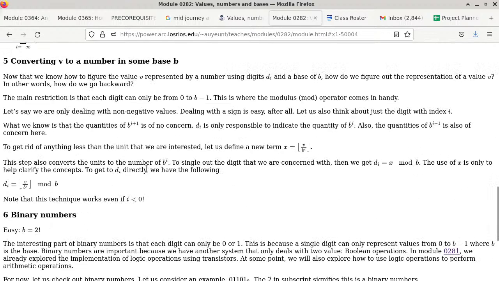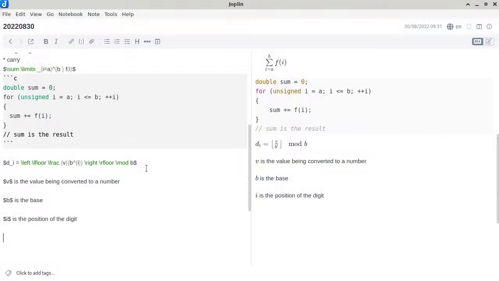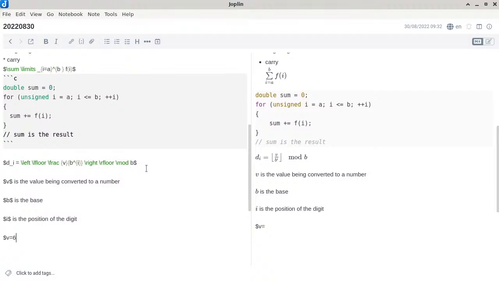All right, so let's go ahead and try to apply this. And we say, okay, so what about when v equals 600? The base is, let's choose some really oddball base, let's say 9, okay? And then we'll choose some digit. Let's make this even more fun.